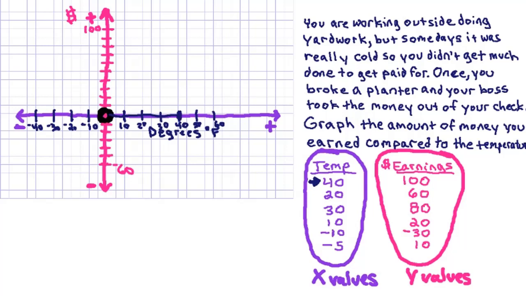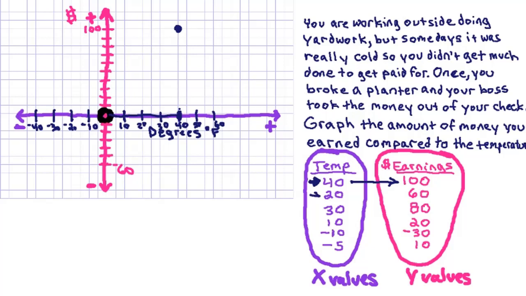And you earned $100 when it was 40 degrees out, because it was warm enough for you to mow the lawns and do a whole bunch of different chores outside. So you earned $100. So that would go up on the y-axis all the way up to the $100 mark. So at 40 degrees outside, you earned $100.